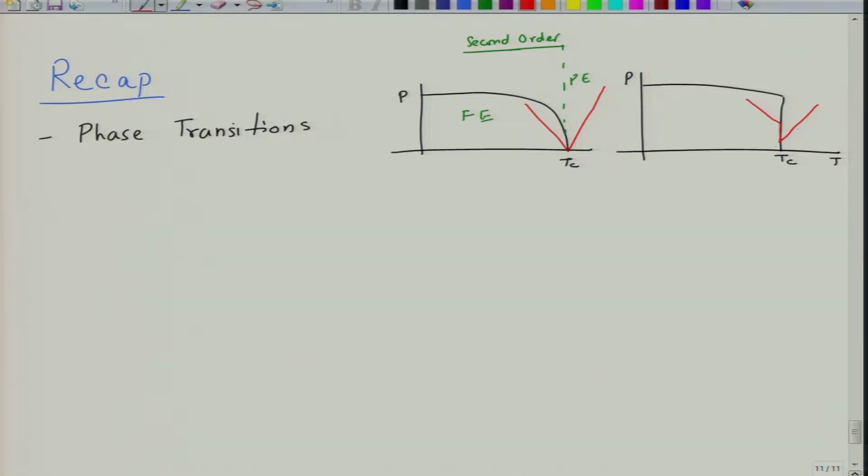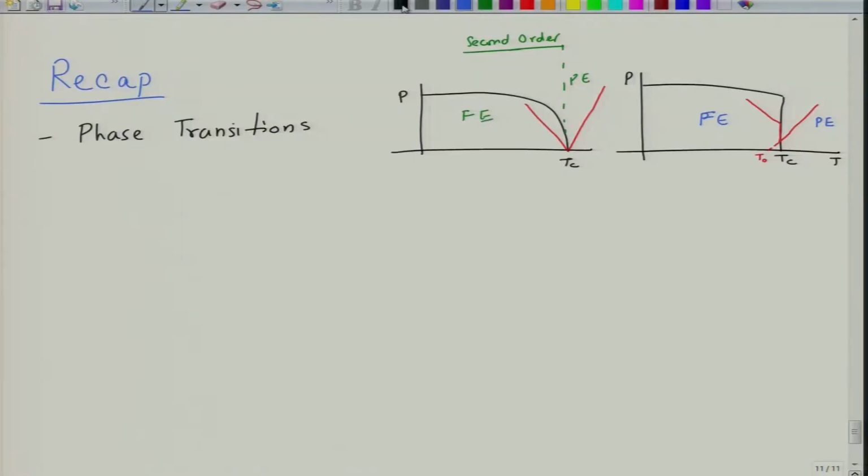This is a change in susceptibility, with the susceptibility of the high temperature region extrapolating back to a temperature T0, and between T0 and Tc we have one more subsidiary minima in the free energy landscape. Again this is the ferroelectric region and this is the paraelectric region, and this is manifested in the first derivative of free energy, or entropy, being discontinuous. Okay.